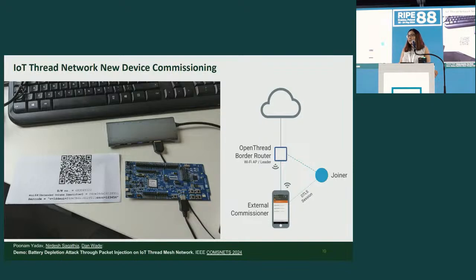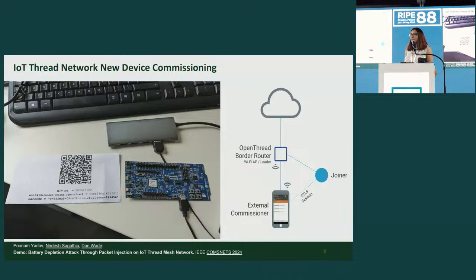When we create an IoT thread network, a new device, when we connect it to the network, has to go through a new device commissioning process. For example, here the blue dot shows a new device you would like to connect to an already existing network. It exchanges DTLS sessions with an external commissioner. There are different ways to commission. You can use a CLI based tool, or you can use an application.